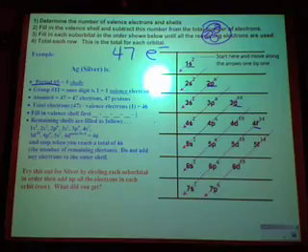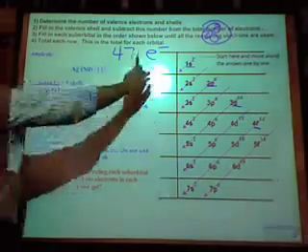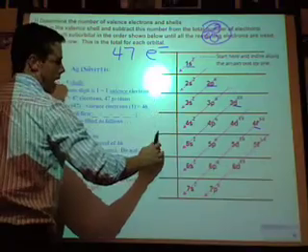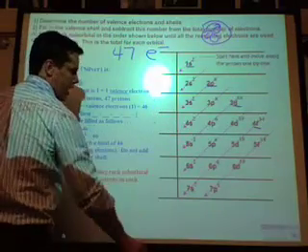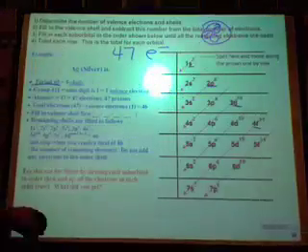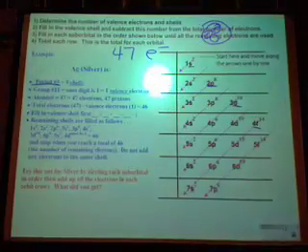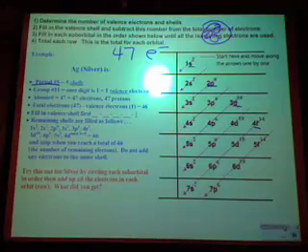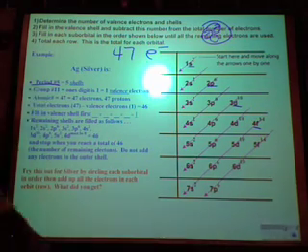Okay? So we already know that this is going to have 5 shells. 1, 2, 3, 4, 5. This will be the last shell with the valence electrons in it. By looking at the group number, we can now figure out how many valence electrons. What group is gold or silver? 11. And it also says it right here. Okay?